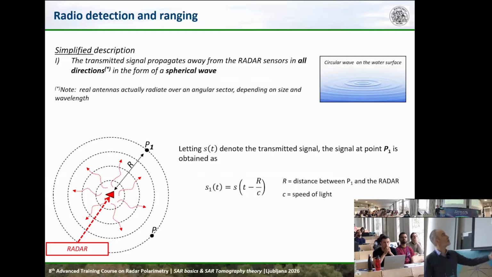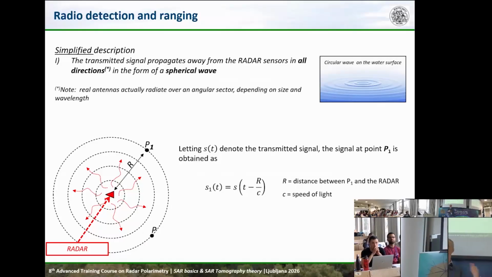If you send the waveform S of t, which means that you excite your antenna with the waveform S of t, then it will shake the electrons within the antenna and it will radiate a wave. How does this wave look when it reaches point P1? It's just delayed by the time it takes to travel r meters away from the radar.